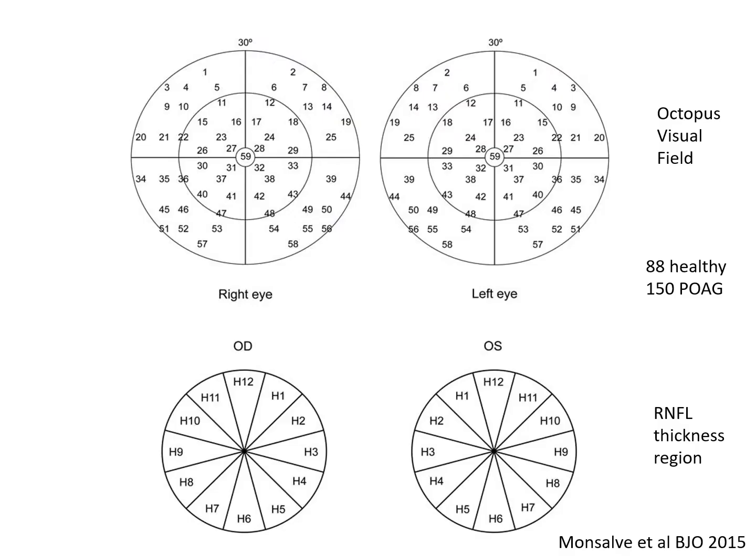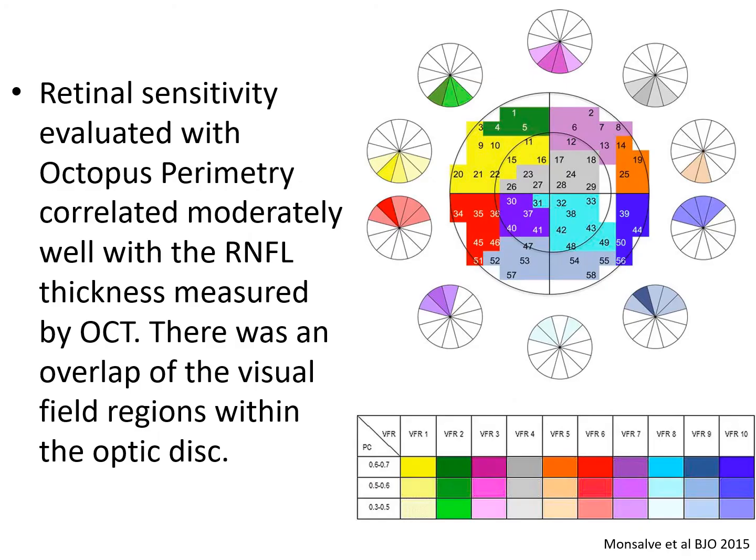88 healthy subjects were included in this study, and 150 glaucomatous patients were analyzed. This is a visual field that we obtain and the position of the tested points, and these are the 12 sectors of retinal nerve fiber layer that we obtain by OCT.